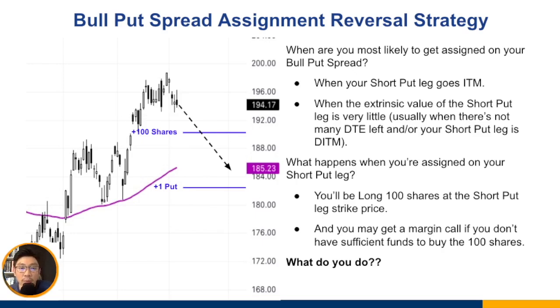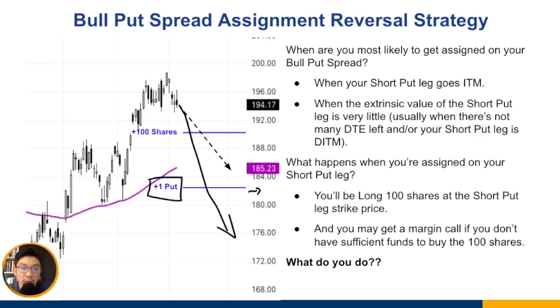A few people have mentioned that they would just exercise their long put option. Now, 2 things to this. Number 1, you can exercise your long put option only if the market has gone way below your long put strike. Otherwise it doesn't make sense, because when you exercise your long put option, you're telling the broker you want to sell 100 shares at this strike price.